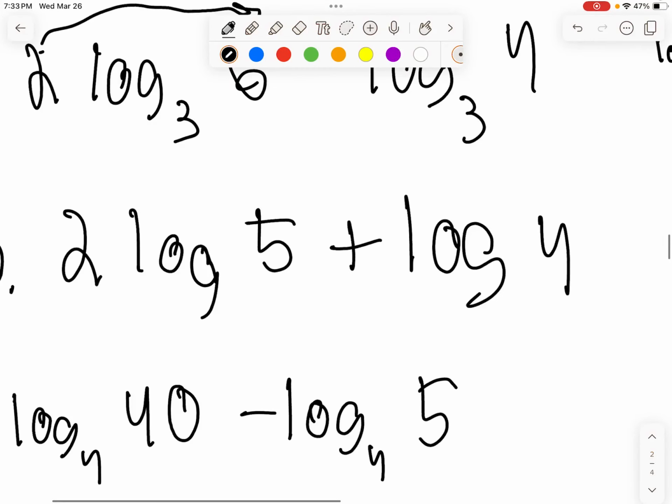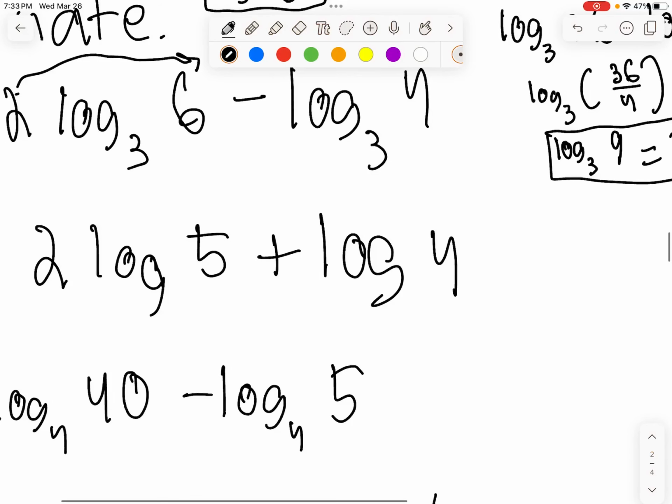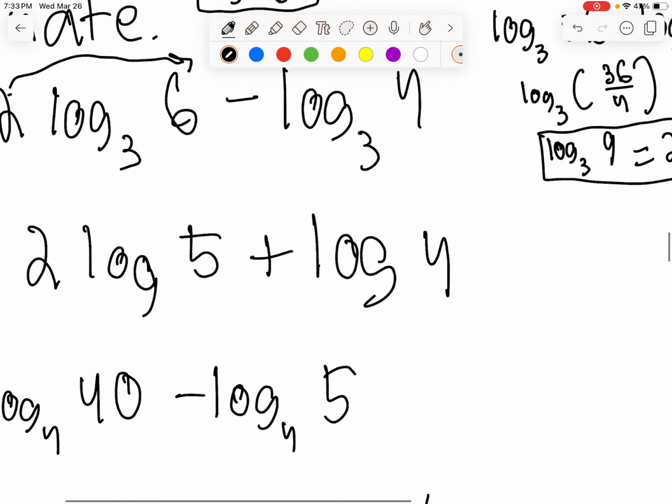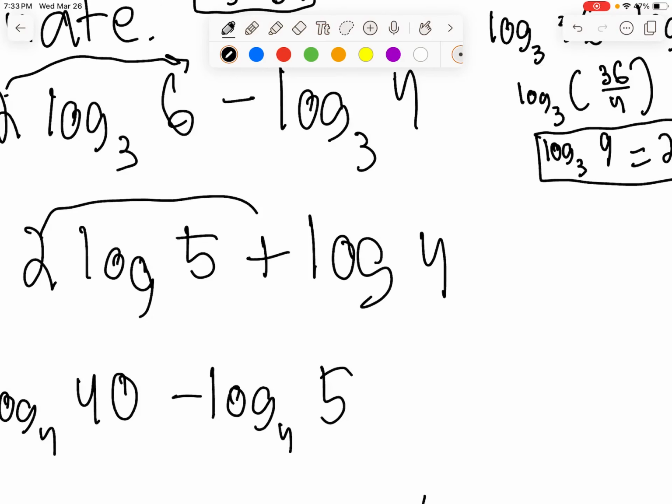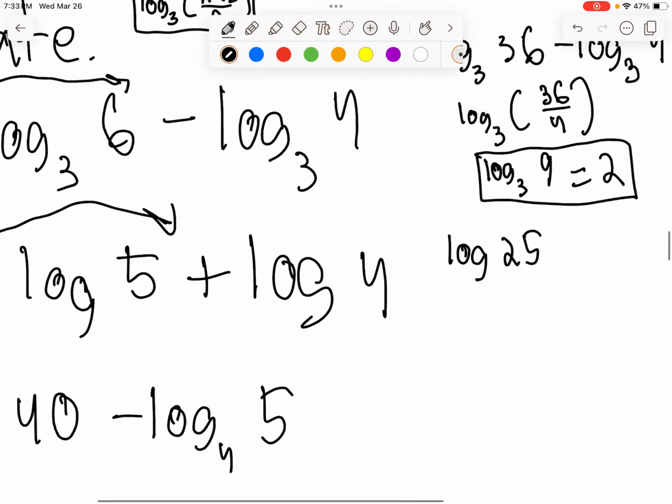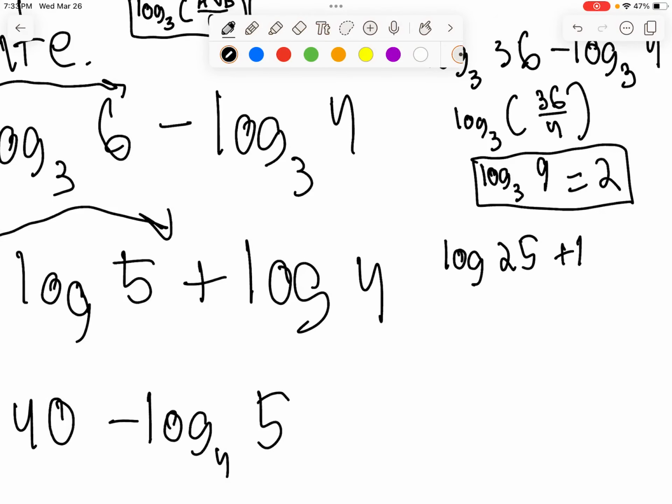Oh boy. More terrible notation. Alright. So bring up the power again. Because of the product rule, I'll start from there. So log 25, because 5 squared is 25, plus log of 4. That remains unchanged.